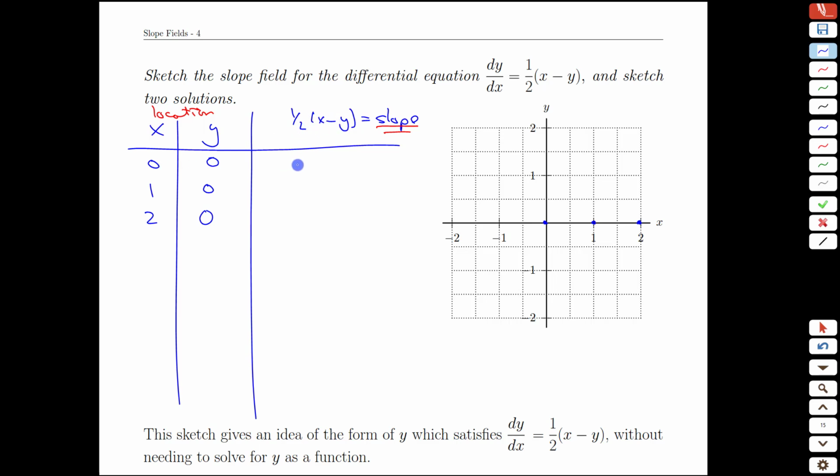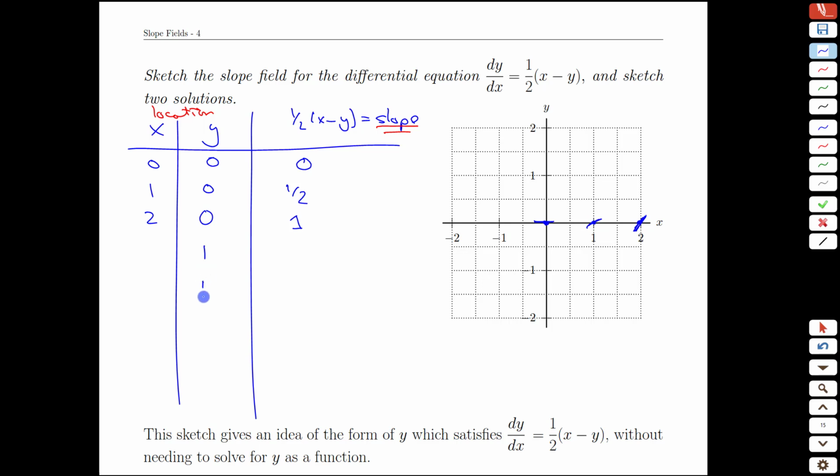At 0, 0, we get a slope of 0. At 1, 0, that's 1 minus 0, that'll be 1/2. At 2, 0, that's 2 minus 0, that's 2 times 1/2 is 1. So we draw those as slopes at the corresponding locations. Slope 0, slope 1/2, and slope 1 is 45 degrees on this even scaled axis.